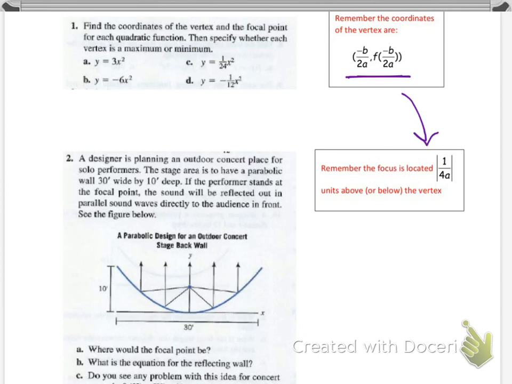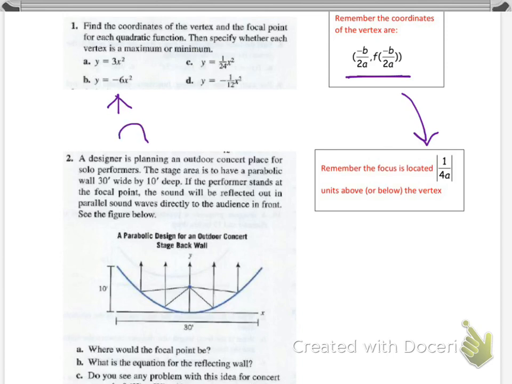And remember, it's always going to be inside the arms of your vertex. They also say specify whether the vertex is a maximum or a minimum. So if the leading coefficient, so right here, this is negative. If the leading coefficient is negative, then you're going to be concave down.